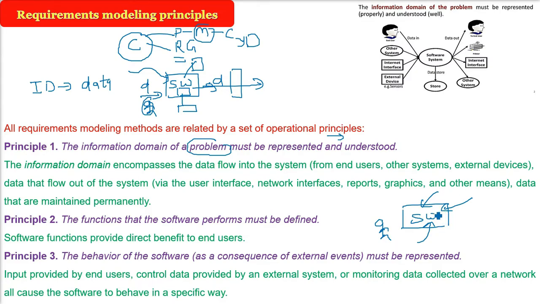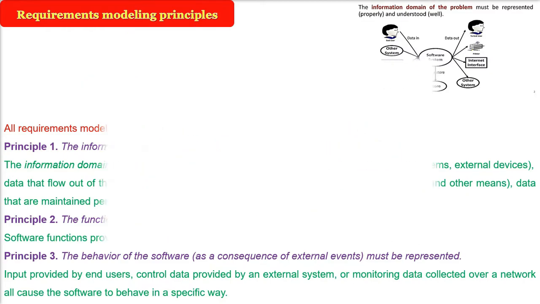So the behavior of the software has to be put in the requirements modeling. For example, if you are doing an audio video call, what bandwidth is it using? These are the behaviors of the software, so you need to know it and present it.